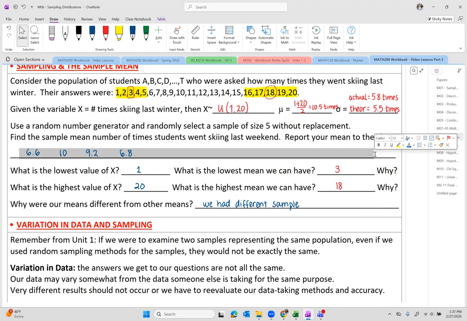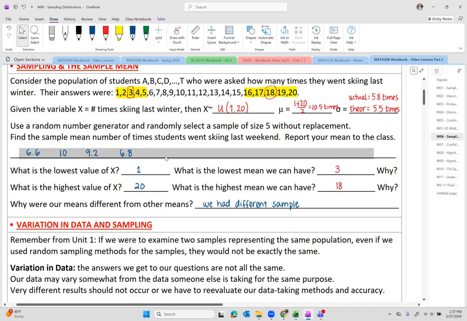Why did I get 2 values close to 6.8 and a 10 and a 9.2? I don't know what else would have happened, but for now, all of these values happened to be smaller than 10.5, which is the actual mean. So I didn't get anything above 10.5 for some reason. So hopefully if you have enough, you will get more than that.